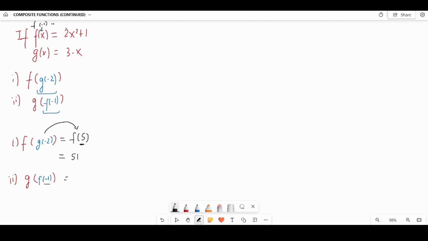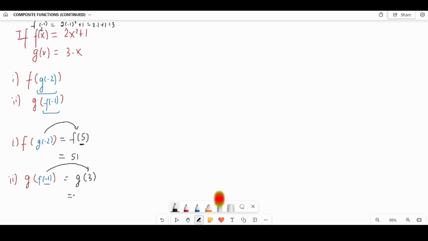This will become f of -1 equals 2 times -1 squared plus 1. Now -1 squared is just 1. So it will become 2 times 1 plus 1, that equals 3. That means the value of f of -1 is 3. So I'm just going to put that in place of f of -1. So we will get g of 3.